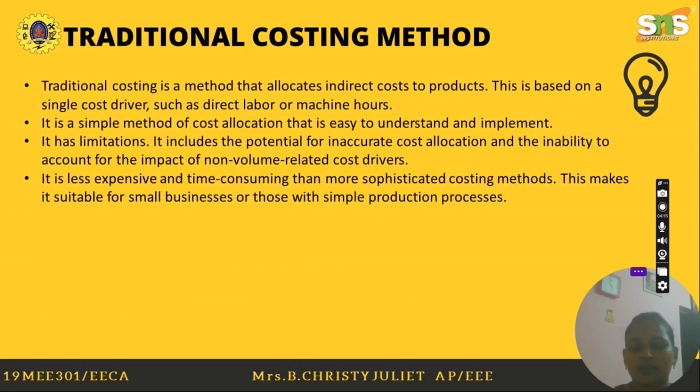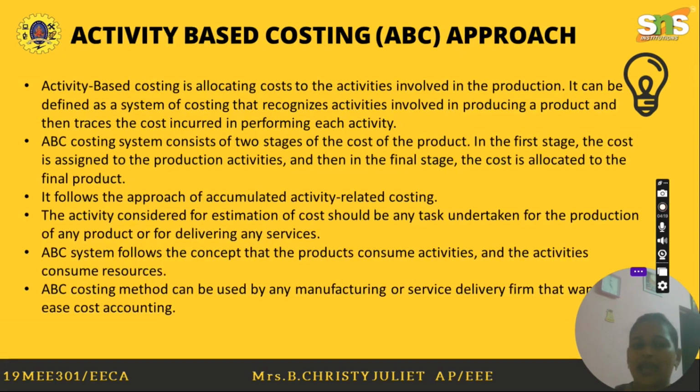But activity based costing is less time consuming because we first identify the activities and then allocate the cost. In traditional costing, we identify the indirect cost, which is a tedious process, and that is why it is time consuming. Activity based costing is less time consuming and very operative.